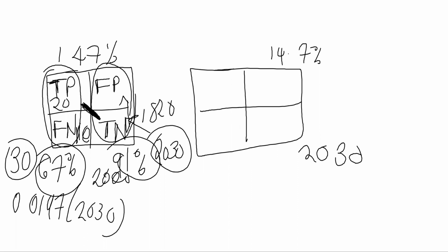So 2,000 minus 1820 is 180. So when you look at these numbers, they all add to 2030. Isn't that amazing? I just constructed a 2x2 table out of the base theory, like the conditional probability.